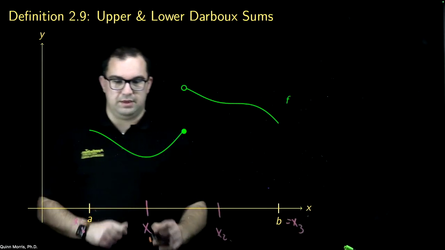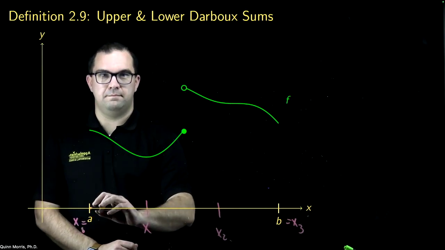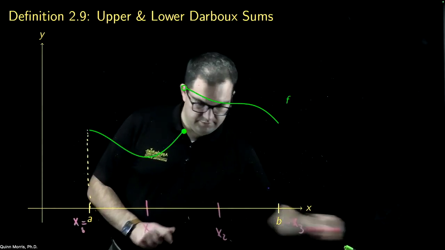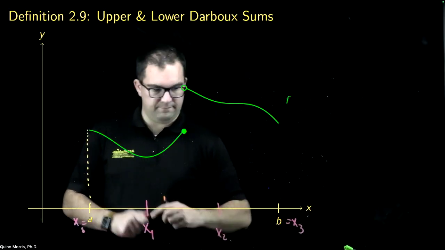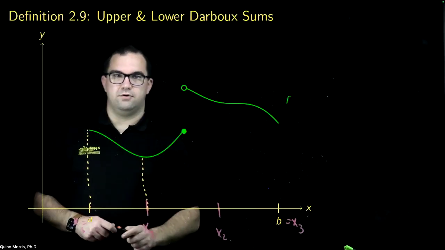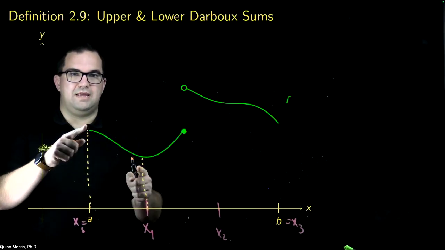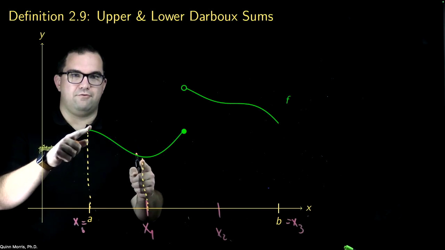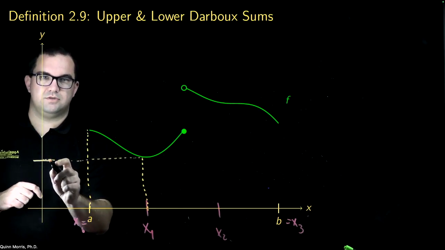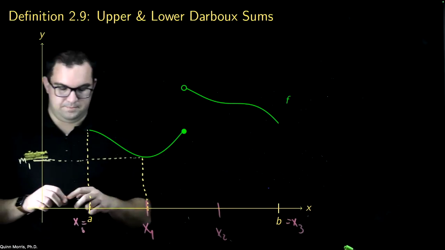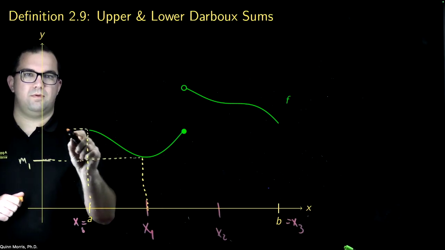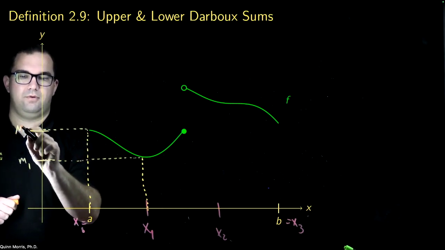On each subinterval, in this first subinterval, I'm going to find the supremum and infimum values of my range. So the infimum would actually be here. This would be the little m sub 1. The capital M sub 1 would be the supremum of the function over this interval.